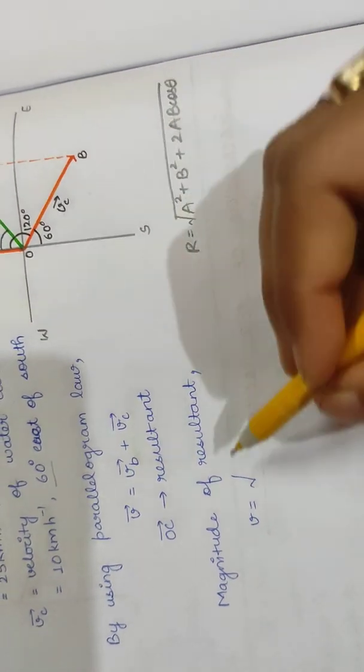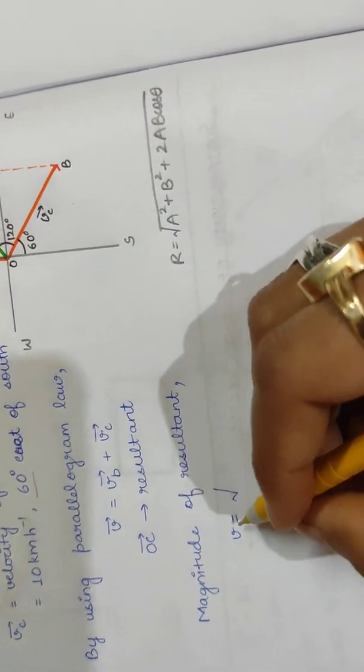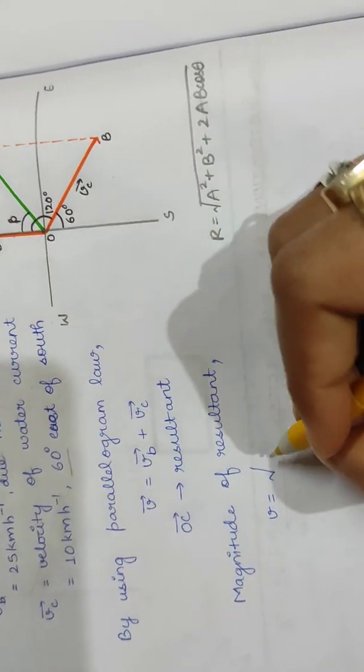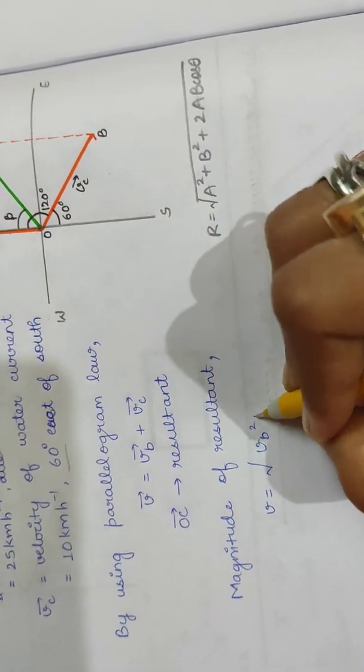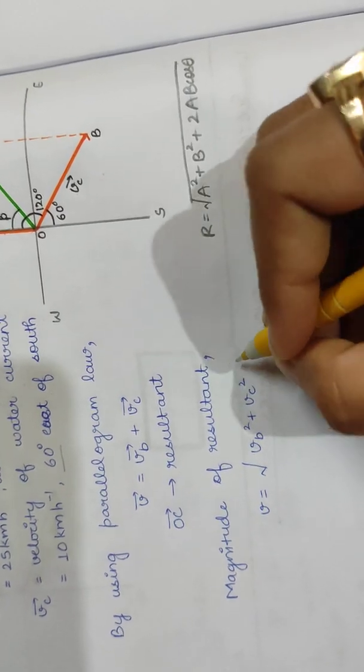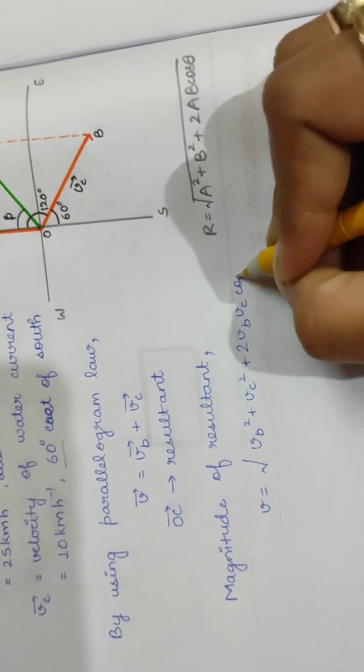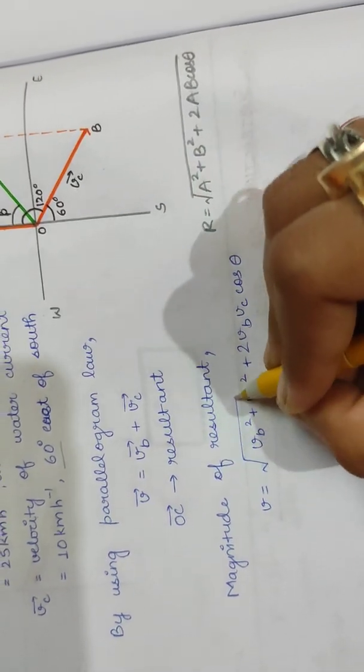Now we will use this formula here. So V will be equal to, these are two vectors VB and VC, so it will be equal to under root of VB square plus VC square plus 2 VB VC cos theta.